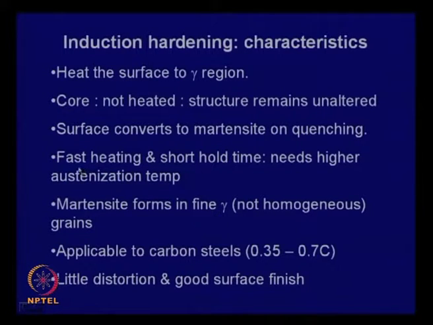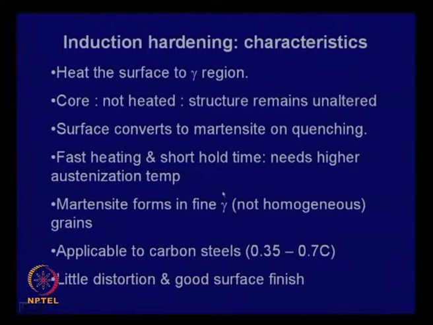One of the main characteristics of this is very fast heating, and the whole time is very short. Therefore, you may need a little higher austenitizing temperature than a normal hardening process, and then the martensite that forms will be forming in very fine austenitic grain.